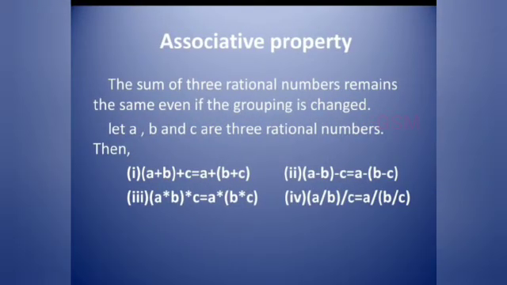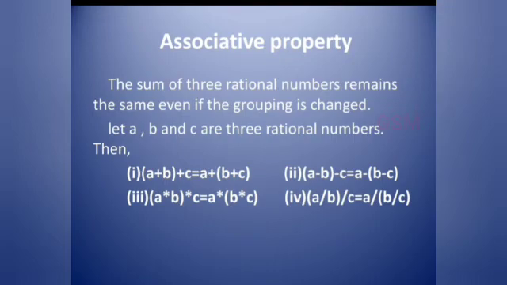Let me move to the next slide. That is the associative property. The sum of three rational numbers remains the same even if the grouping is changed. Let a, b and c be three rational numbers. It is the same concept as the commutative property, but with three rational numbers, in a grouping format.